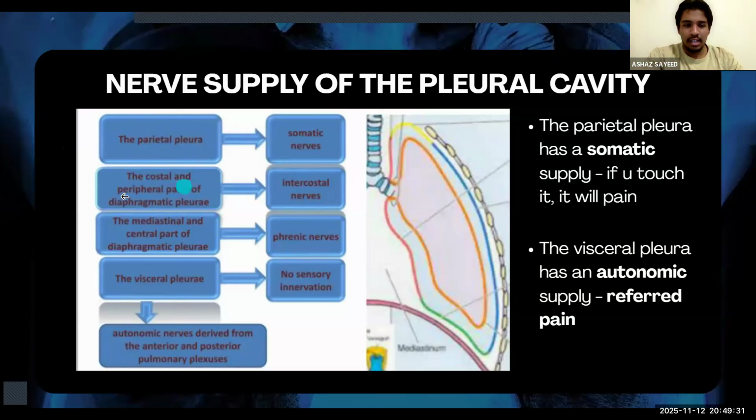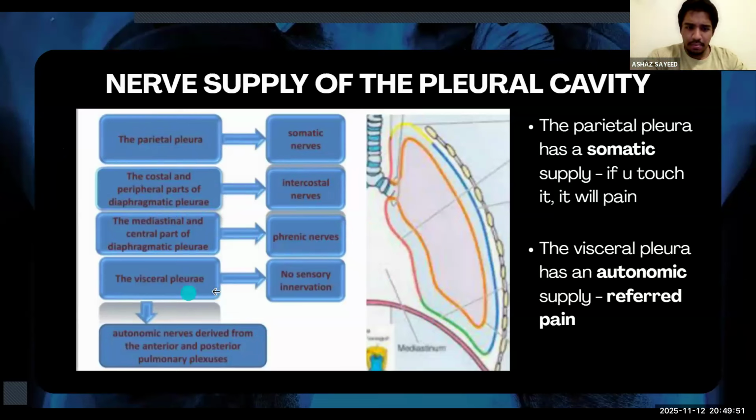The costal and peripheral part of the diaphragmatic pleura is supplied by intercostal nerves, and the central part is supplied by the phrenic nerve. And the phrenic nerve is an autonomic nerve as far as I remember.